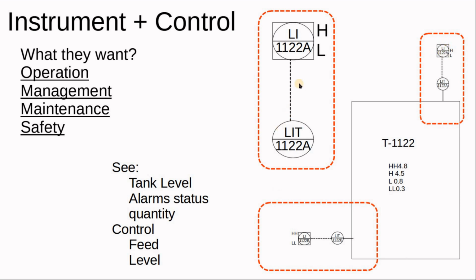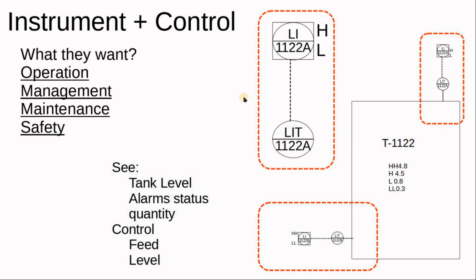The difference between this LI and this LI is that the bottom one looks like it is a pressure-based device. The process operation needs to know the tank level and needs to know the alarms. Sometimes they need to know the quantity of liquid or fluid inside our tank. When we talk about tank level, do you want it in meters? If you have one tank of 4 meters and another tank of 10 meters, now you get confused.